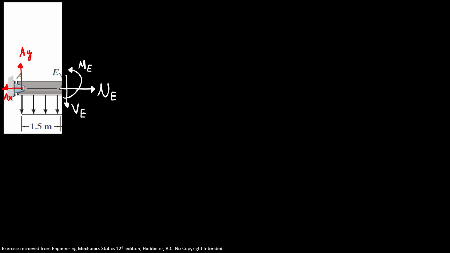Then we have a new equivalent load that I'm going to call P1, in the very middle. P1 is equal to 300 newtons per meter times 1.5, so P1 is equal to 450 newtons. That's our equivalent load at the midpoint.